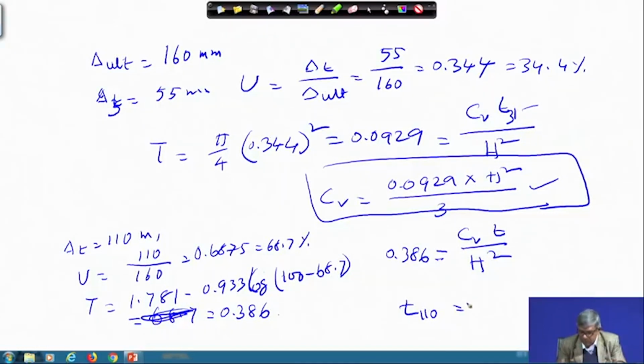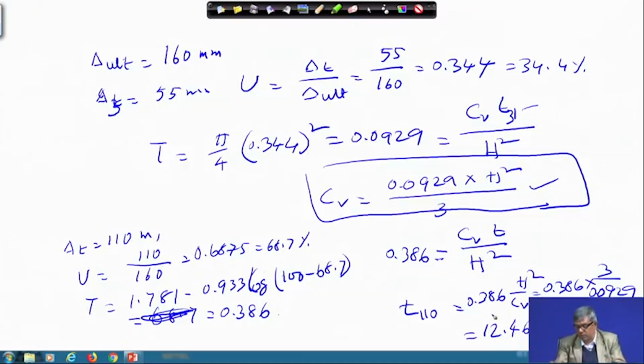T 110 will be 0.386 into H squared by C V, and if you substitute, it will become 0.386 into 3 by 0.0929. This gives you the answer, 12.46 years, if I calculate this.